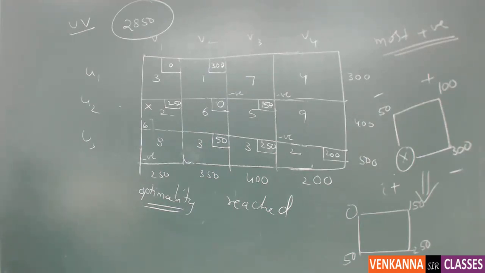So I think the path is clear for everyone. How to check the optimality and how to construct the closed path. How we will write properly in exam. Exactly. To find the feasible solution, it is our choice. You can go with the northwest corner method, least cost, anything.